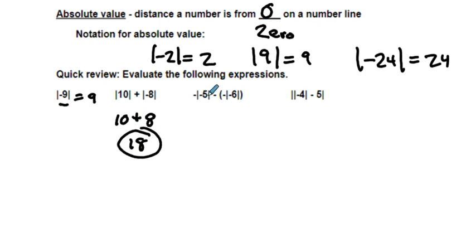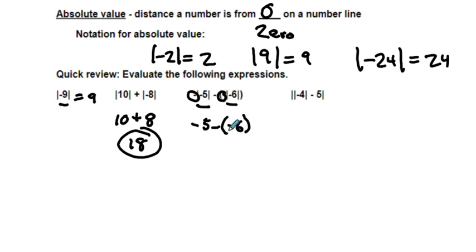All right, this one right here, we're going to do the absolute value first. So the absolute value of -5 is 5. And then I have this negative sign that gets brought down here. We'll leave that how it is. And then we're subtracting. Well, the absolute value of -6 is 6, and then there's this other negative sign outside the absolute value brackets.